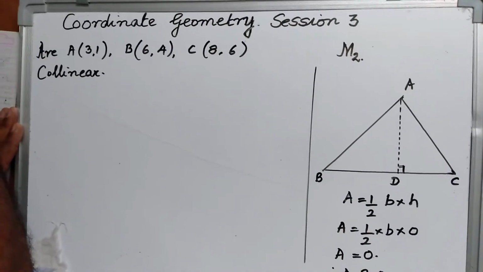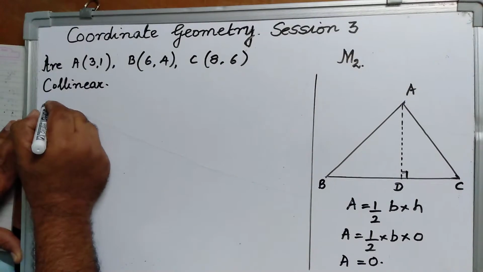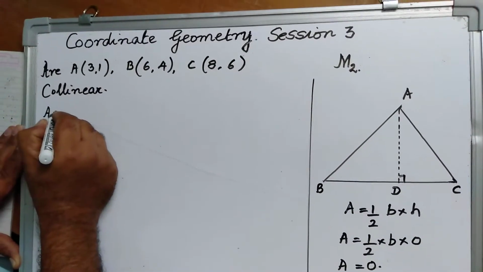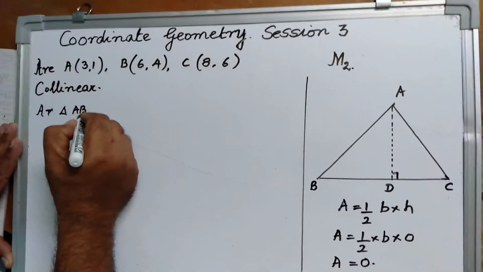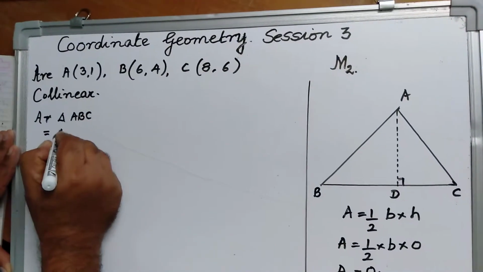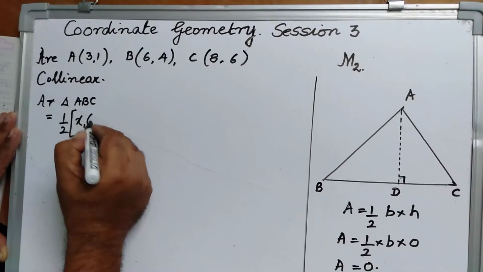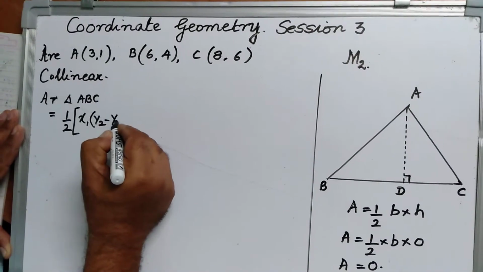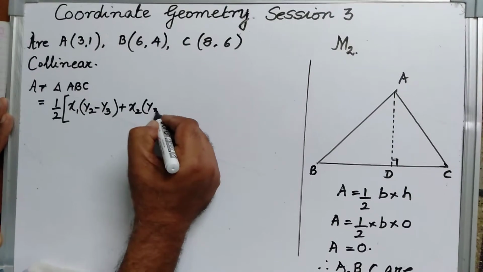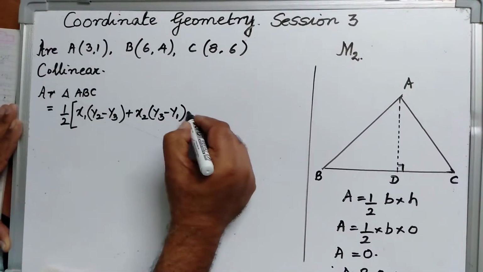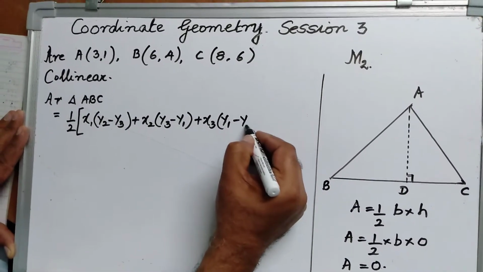You know that the area of the triangle, when the 3 vertices are given, is given by area of triangle ABC is equal to half into x1 into y2 minus y3 plus x2 into y3 minus y1 plus x3 into y1 minus y2.